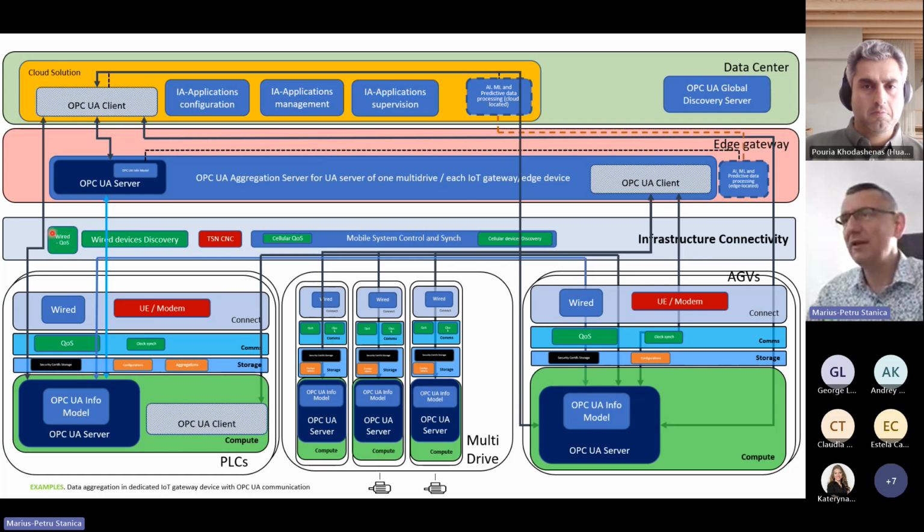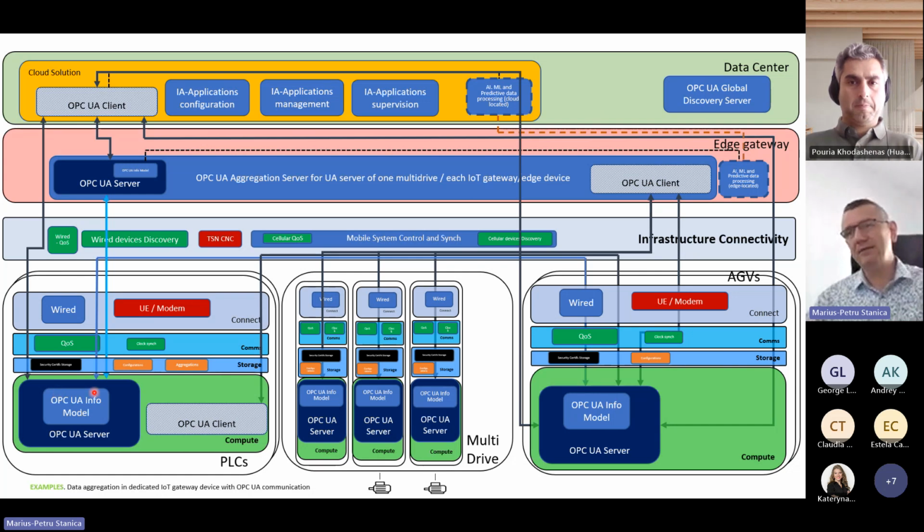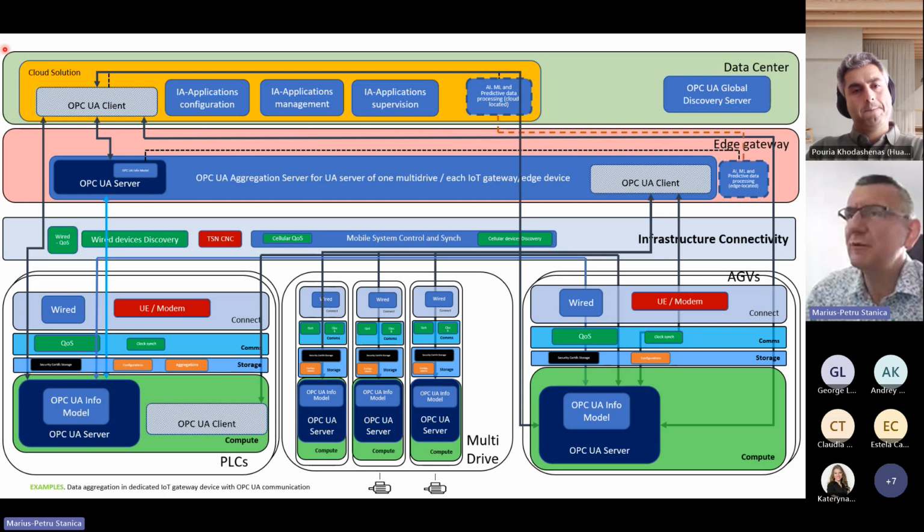We have some gateway level, or let's say an aggregation layer, and we have the data center or the industrial automation layer, which brings various elements and various parts of the system together. Now, let me start with the upper part.